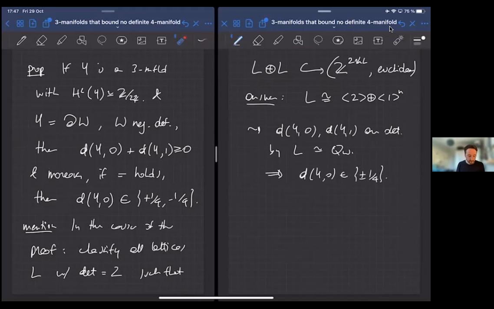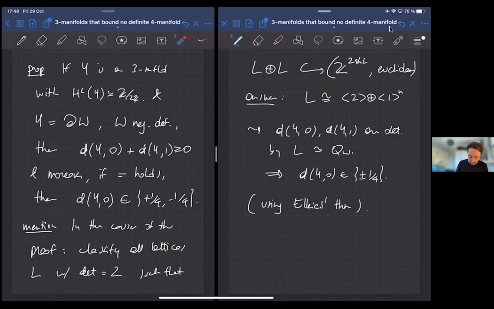Somehow this tells you that you're reducing to algebra, and then you compute things only algebraically. And how you get to here, this is using a theorem of LPs, which characterizes unimodular lattices of a certain type.